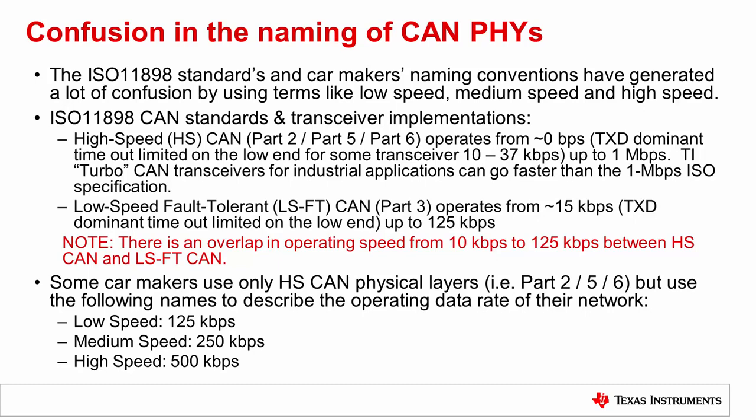Some car makers use only high-speed CAN physical layers, governed by parts 2, 5, and 6, but use the following names to describe the operating data rates of their networks. Low speed, which is 125 kilobits per second, medium speed at 250 kilobits per second, and high speed for 500 kilobits per second.